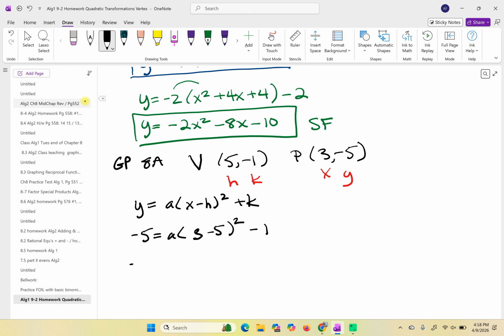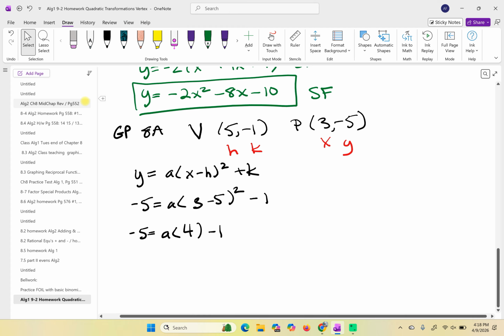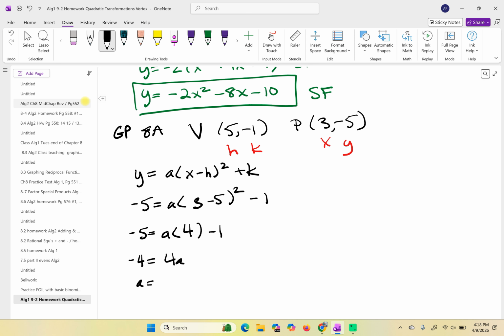And do the math. 3 minus 5 is -2, squared equals 4. Add 1 to both sides. -4 equals 4a. A equals -1.